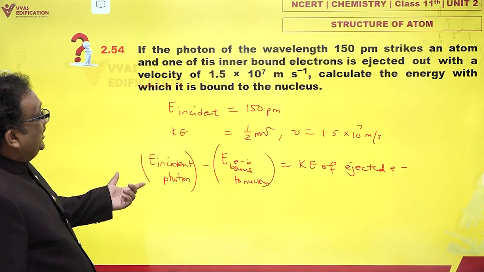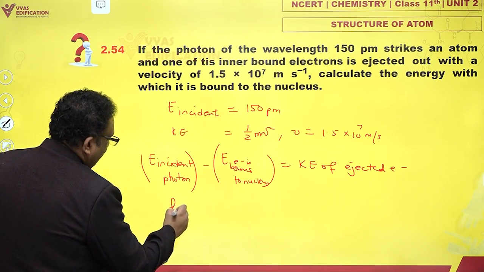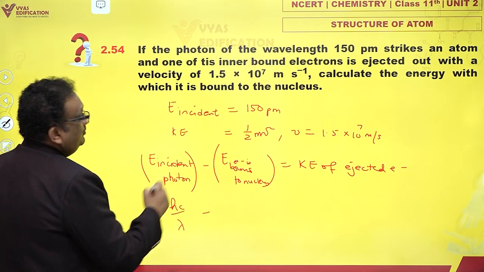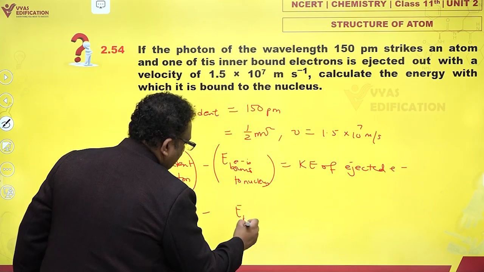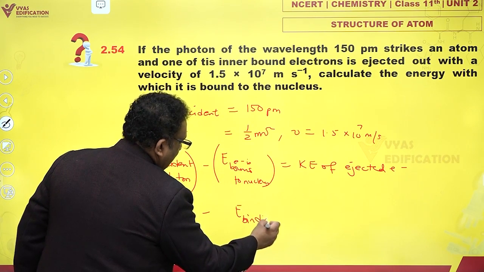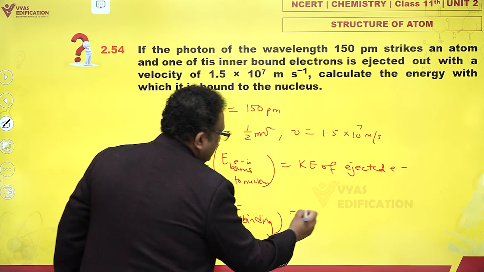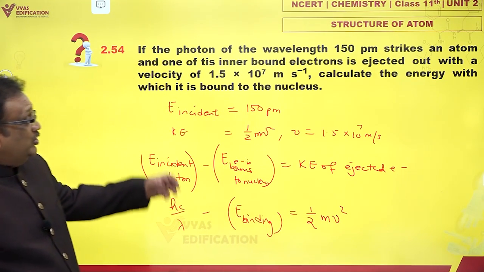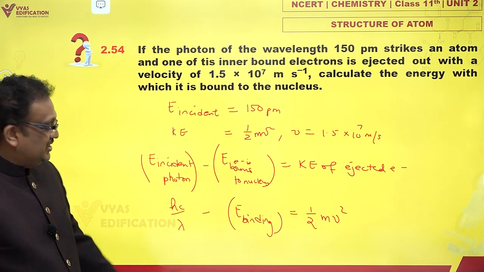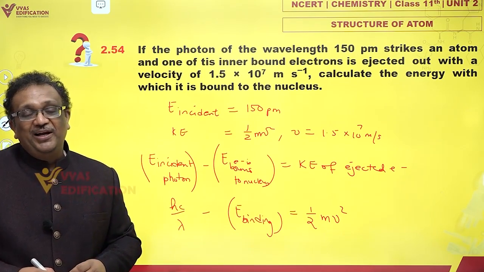Incident photon, hc by lambda, minus energy bound, which we have to calculate, is half mv square. Mass of electron I know, velocity of electron I have been given. I just have to substitute and I will get the binding energy.